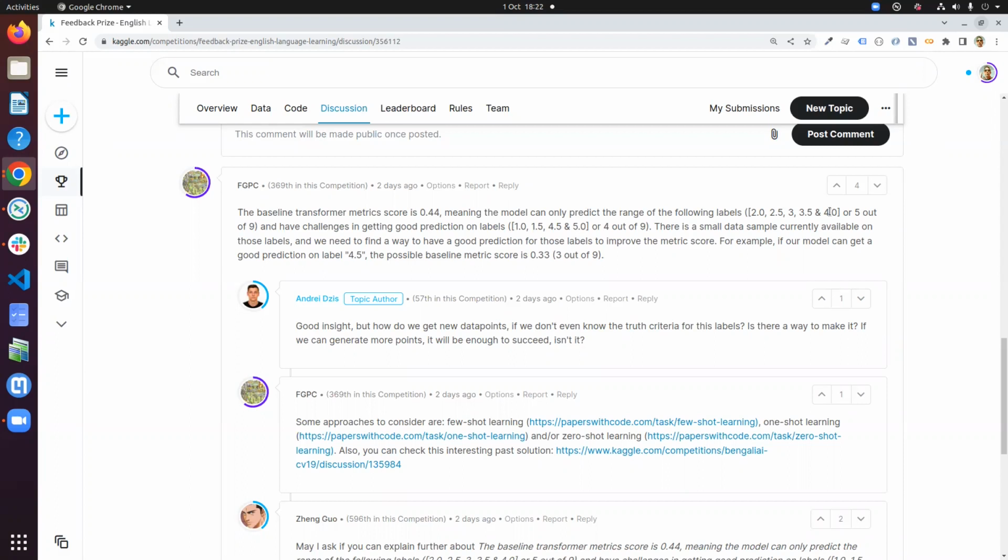There are not very many that have labels of 1, 1.5, 4.5, and 5. So they're saying that 4 out of 9 labels aren't sort of predicted. And that's where the 0.44 baseline score comes from. Oh, I see. So you're saying that the inherent data is biased in that range, if you will.